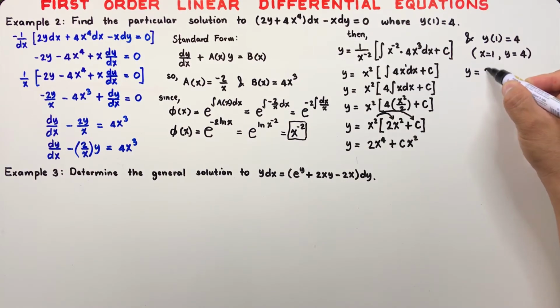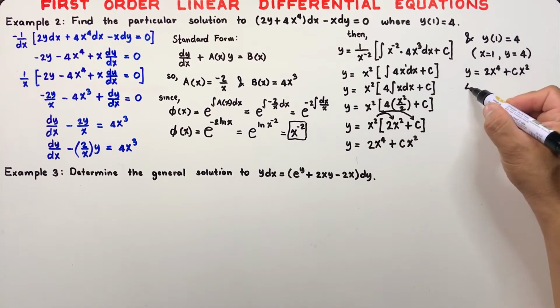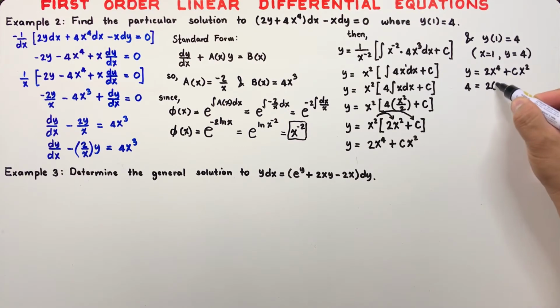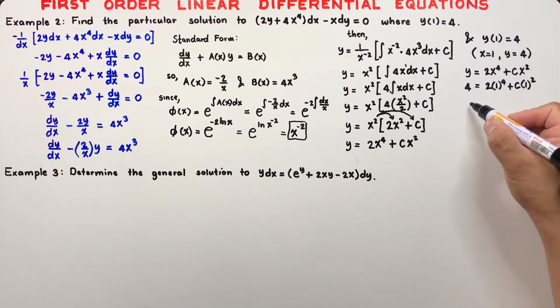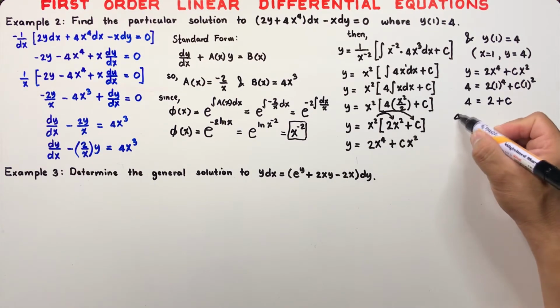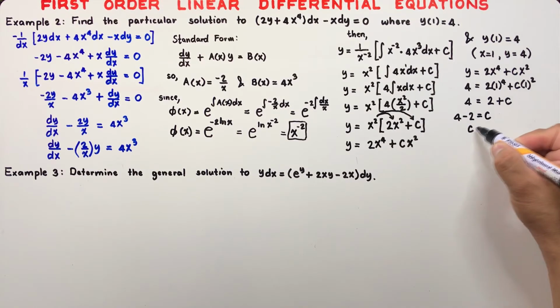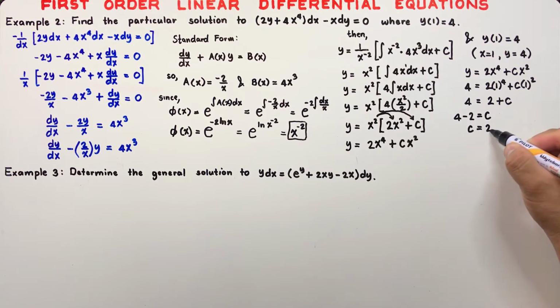So y equals 2x to the 4th plus cx squared. We have y is 4 when x is 1. So this is the resulting equation. Simplifying it further, we have 2 times 1, which is 2, and c times 1, which is c. Therefore 4 minus 2 is equal to c. So c is equal to 2.